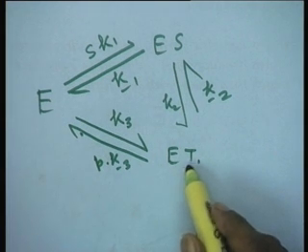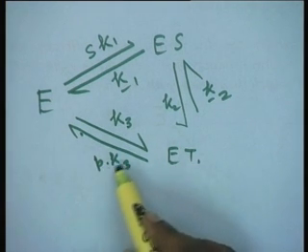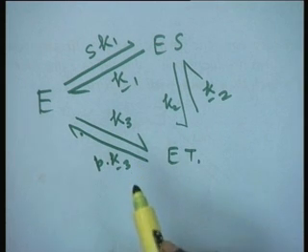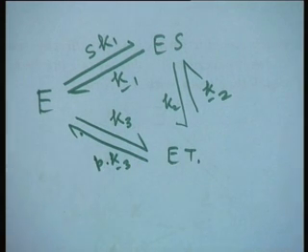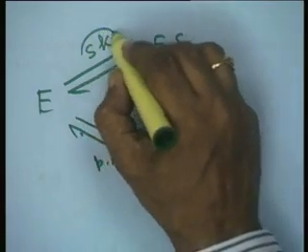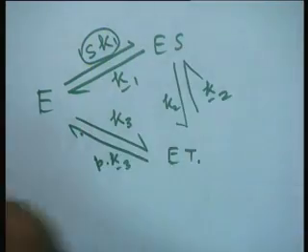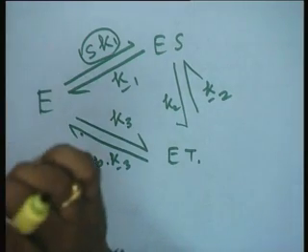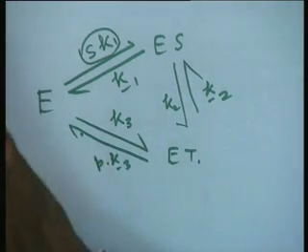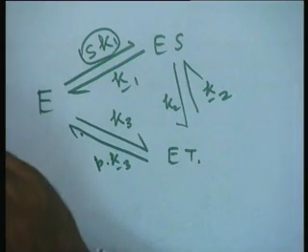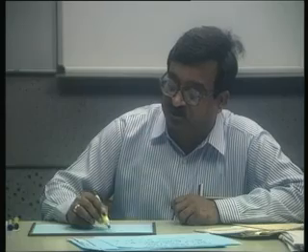Similarly, wherever product is concerned, because ET goes to form the product, in the reverse direction the product concentration will be incorporated. So each step in the interconversion of the enzyme forms must be described by what are called kappa terms. The conversion of the rate constant, interpreting each step in terms of a first order rate constant term, each of these terms is called kappa.